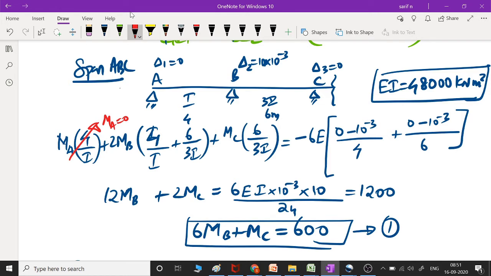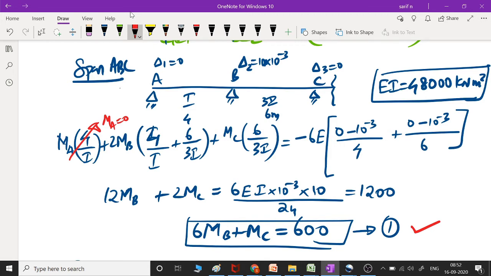If you simplify this, we will get 12 MB plus 2 MC is equal to 6 EI into 10 raised to minus 3 into 10 divided by 24, which is 1200. The value of EI is given as 48,000 kilonewton meter square. If you simplify this equation, we get 6 MB plus MC equals 600.